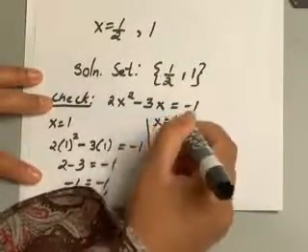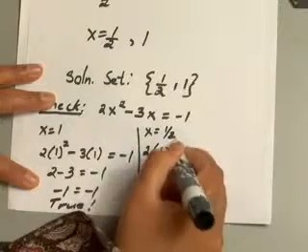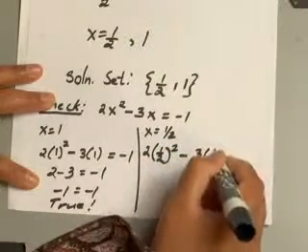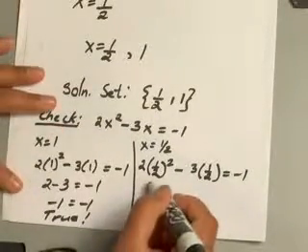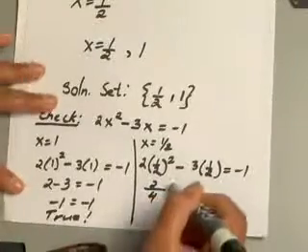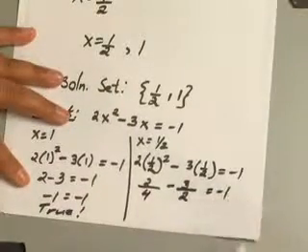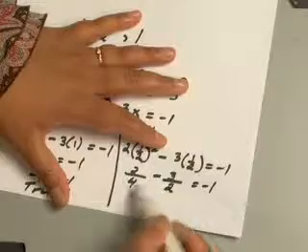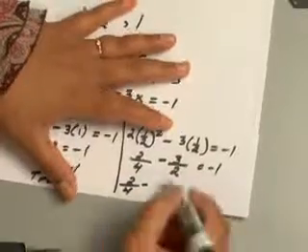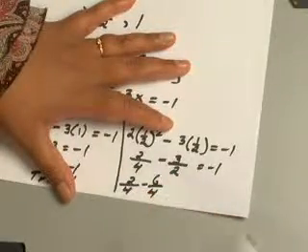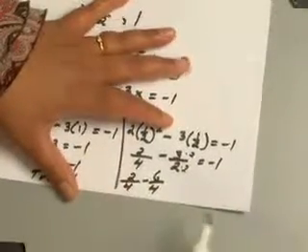Now let's go ahead and check for x equals 1/2. And again, that will be 2 times 1/2 squared minus 3 times 1/2 equals -1. 2 times 1/2 squared will give you 2 over 4. 3 times 1/2 will give you 3 over 2. And if you find a common denominator and subtract these two values, you will end up with 2/4 minus 6/4, because again you will multiply this expression by 2, so that both the denominators will be 4.